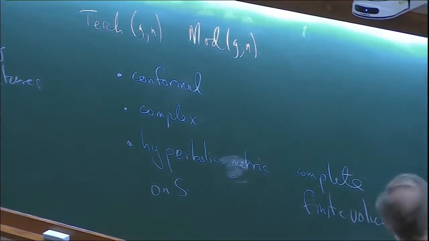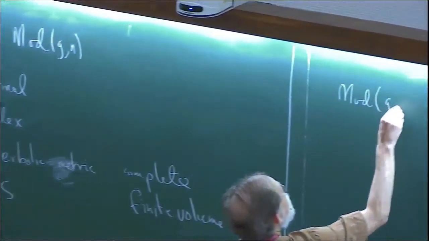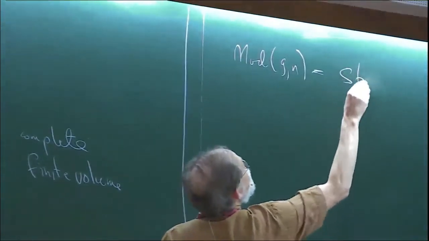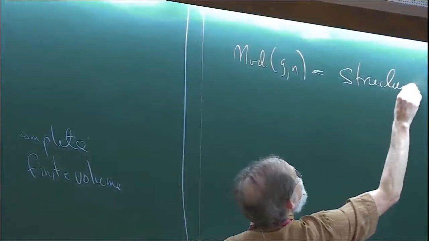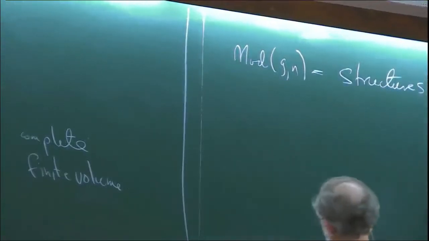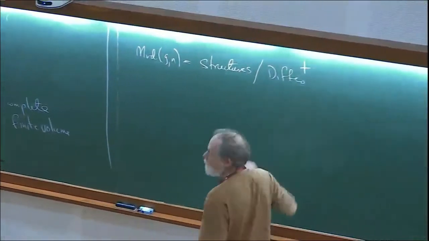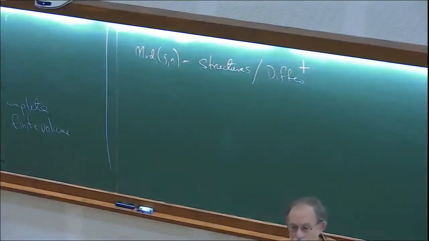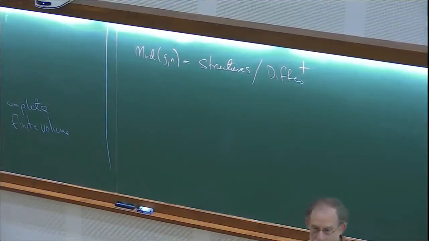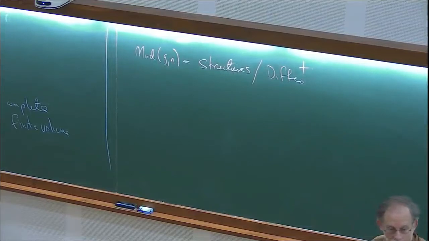Right, so the moduli space is the set of all possible structures modulo the action of diffeomorphisms. And I'll put a plus sign up there to indicate that you want orientation preserving diffeomorphisms. I'm not interested in switching orientations. I don't think anyone is here.